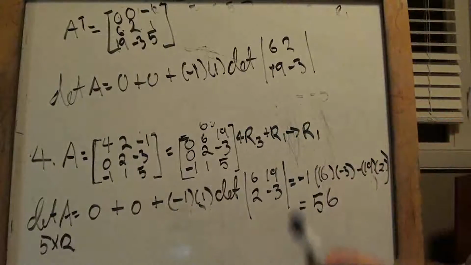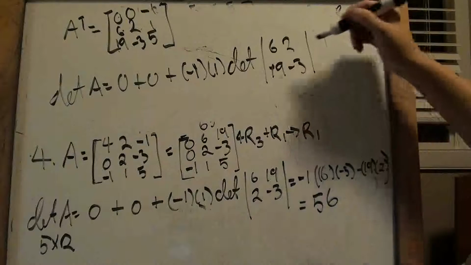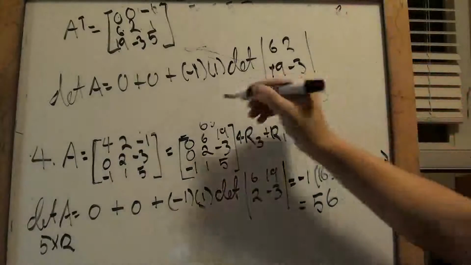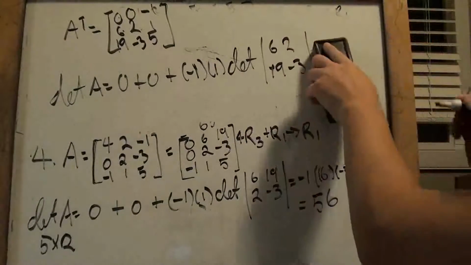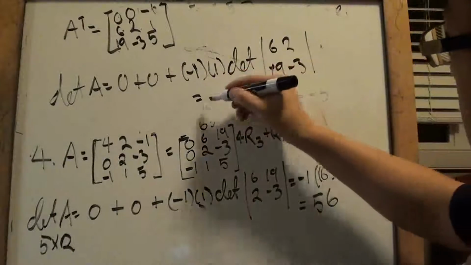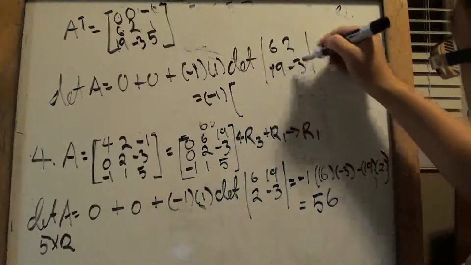Okay, so if that's the case, it looks a little different, but again, it's the same idea there, right? So then what it's going to be is -1. It's going to be 6 times 3.